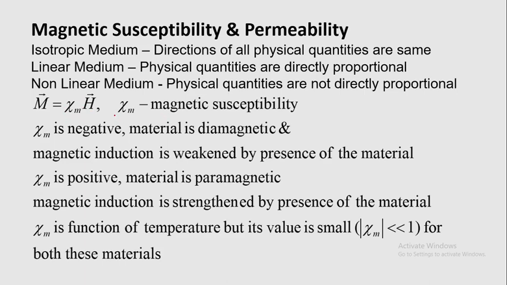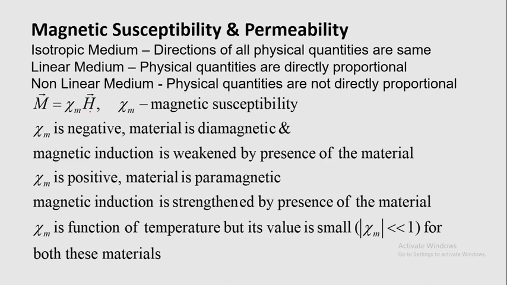Now, depending upon the sign of this magnetic susceptibility, whether it is positive or negative, the magnetic materials are classified into two. If the sign of the susceptibility is negative, the magnetization is opposite to the external intensity.